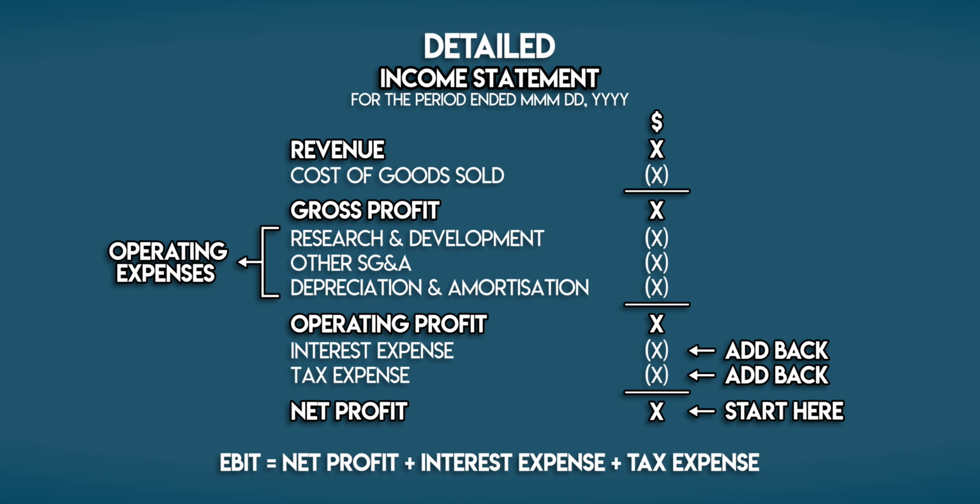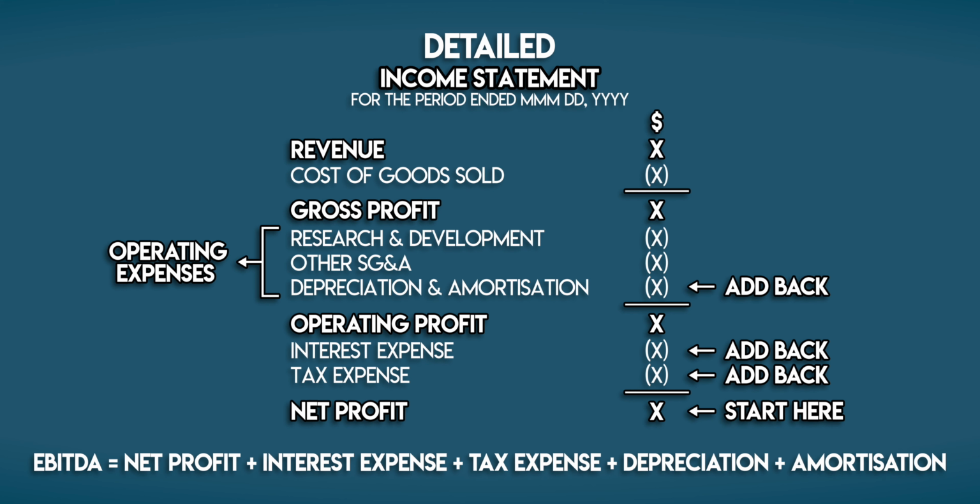Maybe we want to compare companies that are based in two different states or countries. If we remove all these interest and tax expenses, then we're left with EBIT, which keeps the focus on the business's operating efficiency. EBITDA goes one step further. It ignores depreciation and amortisation, which are the costs of capital investments.